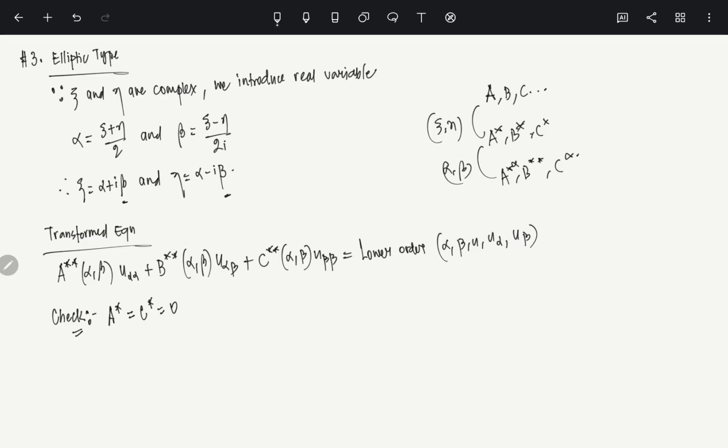this equation, the transformed equation becomes a alpha x square plus b alpha x alpha y plus c alpha y square.